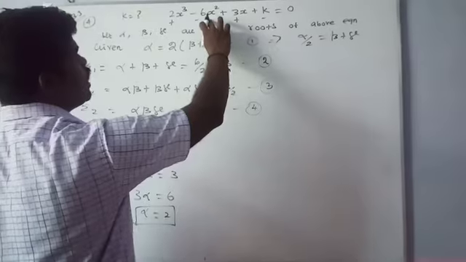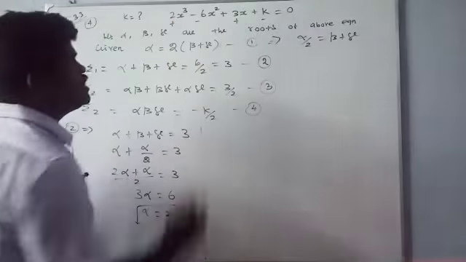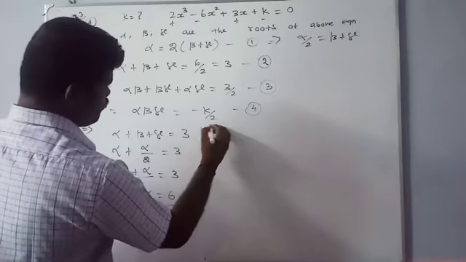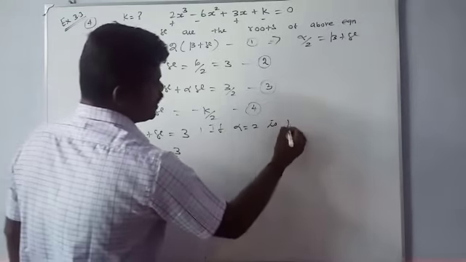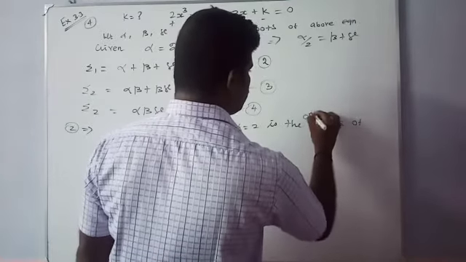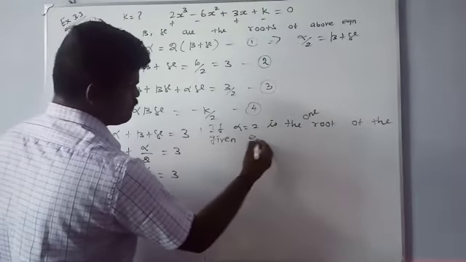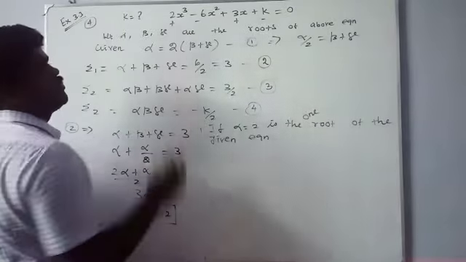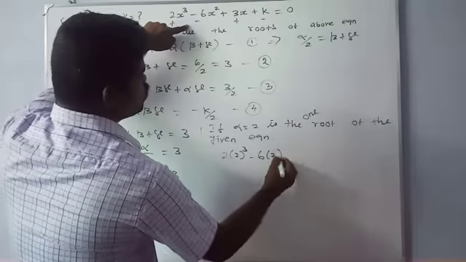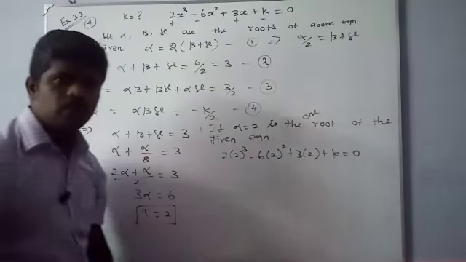In this equation, we take alpha as one root. So alpha equal to 2 satisfies this equation. We have to find k. If alpha equal to 2 is one root of the given equation, we apply the alpha value here: 2 into 2 cube minus 6 into 2 square plus 3 into 2 plus k equal to 0.